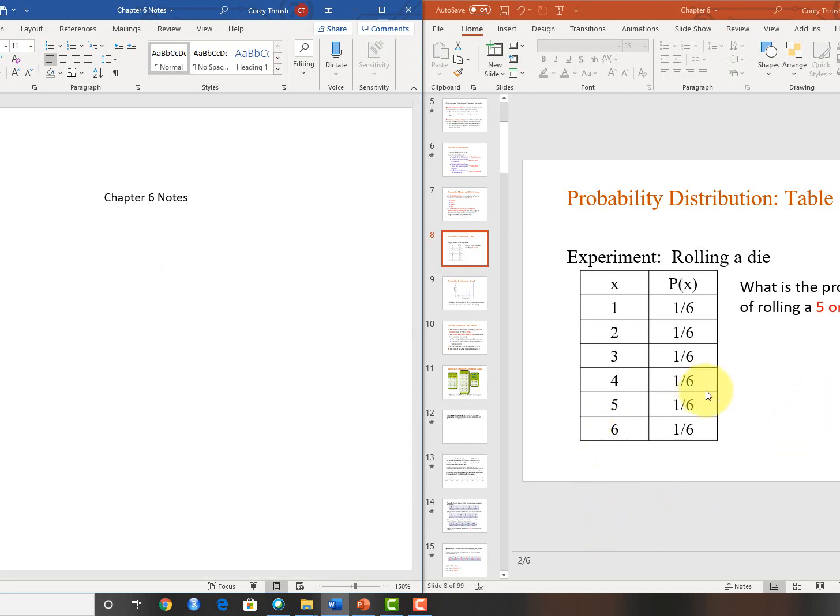Well, 1/6 plus 1/6. We don't have to subtract anything because rolling a 5 or a 6 are mutually exclusive, and that's just 2/6, or 1/3.